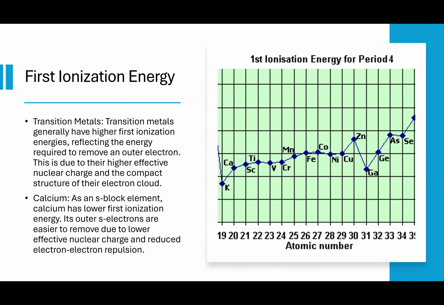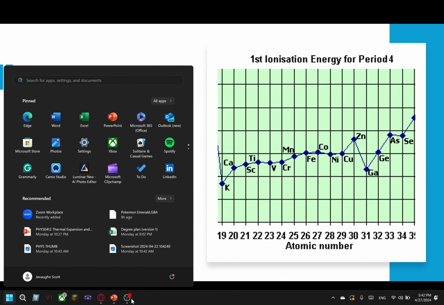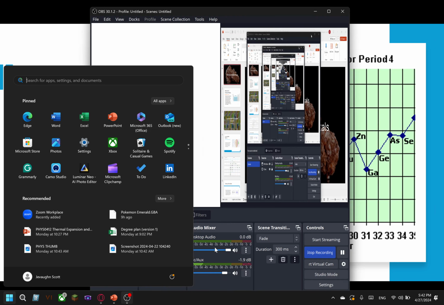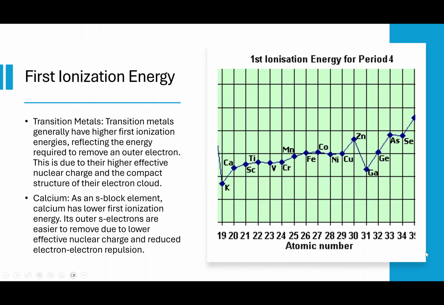The first ionization energy now, and we know what ionization energy is. Somebody please give me the definition. It is the energy required to remove an electron from an atom. A more fleshed out definition? Could somebody offer something to add on to that?